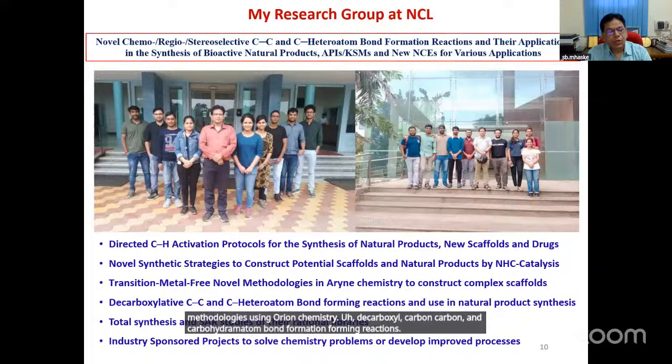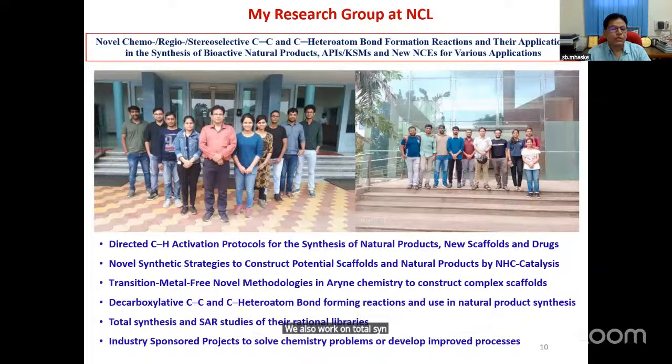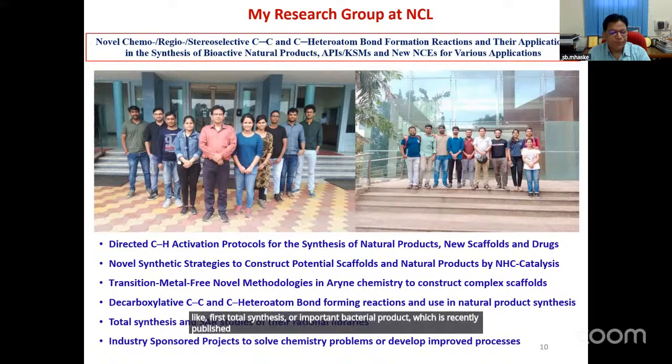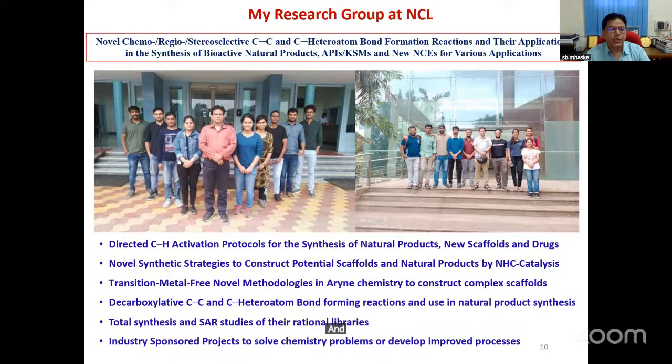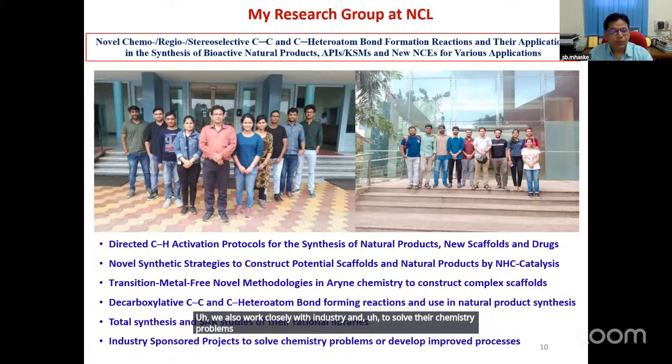We also work on total synthesis of bioactive natural products, like the first total synthesis of an important bioactive natural product which is recently published or isolated. And in addition to this academic type of work, we also work closely with industry to solve their chemistry problems or develop a process for a particular target.